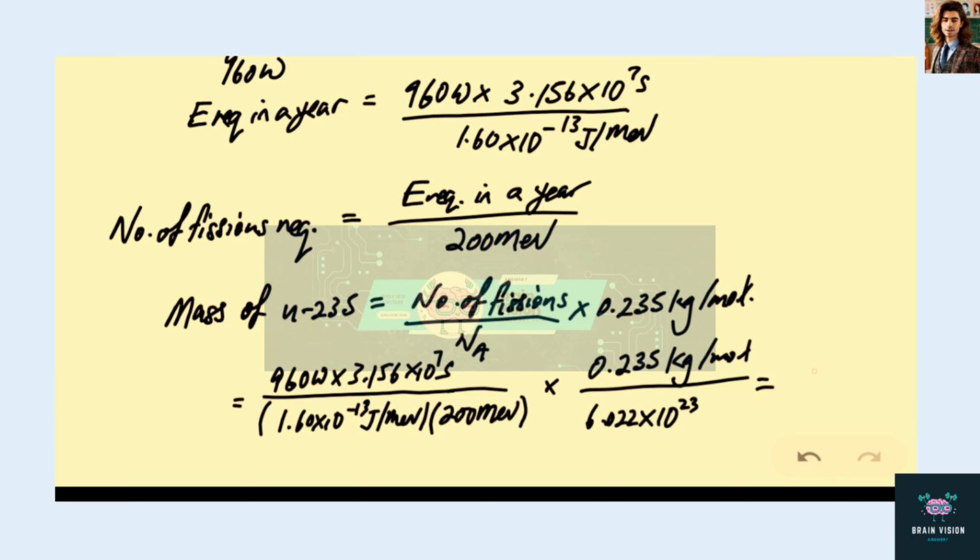We should get a value of 0.37 grams, and this will be the mass of uranium-235 that's required.